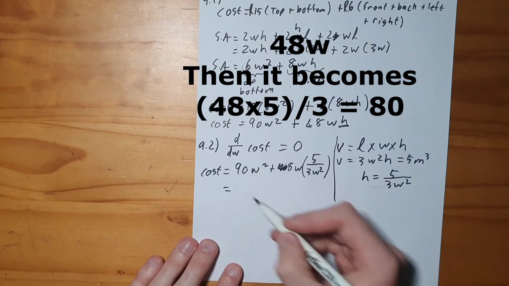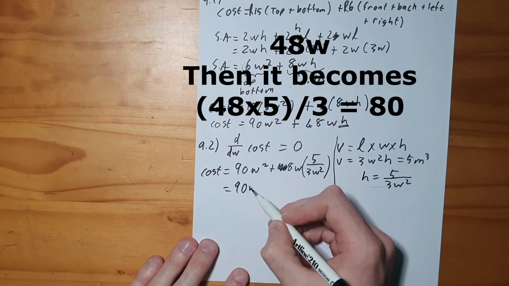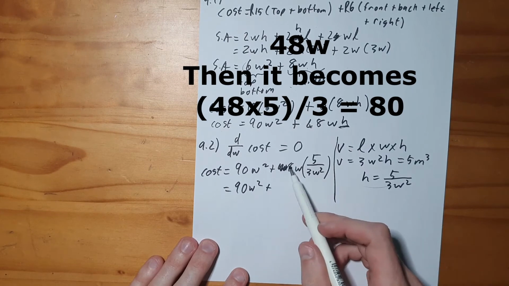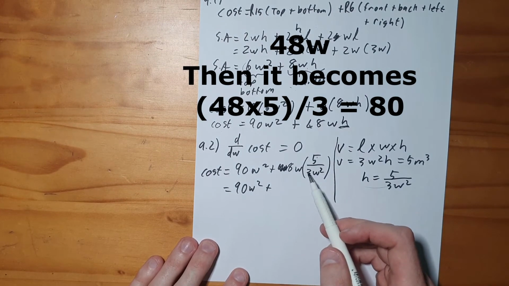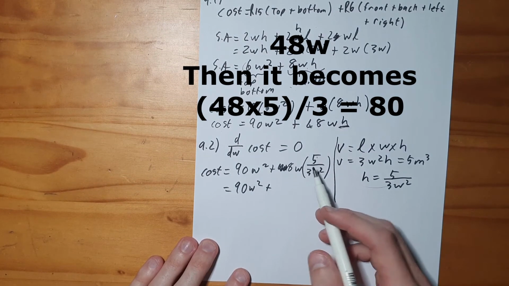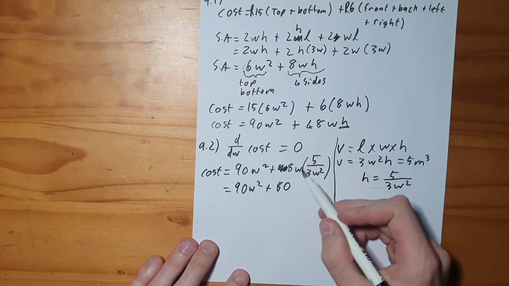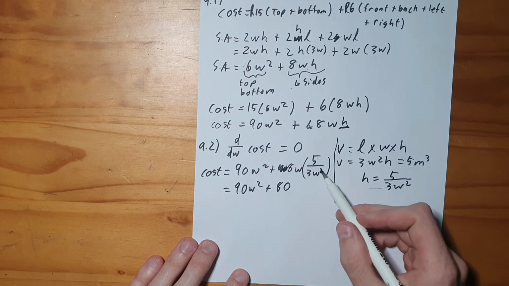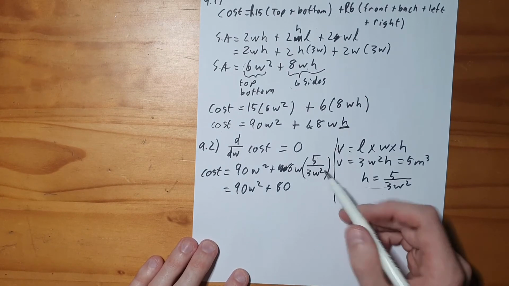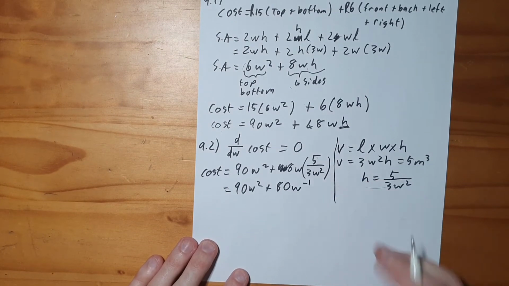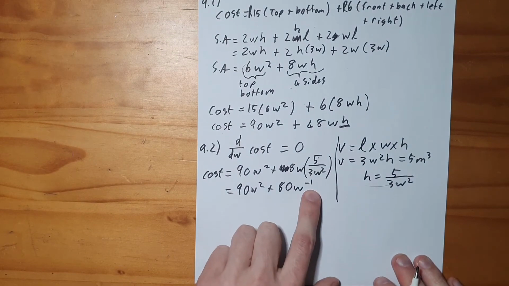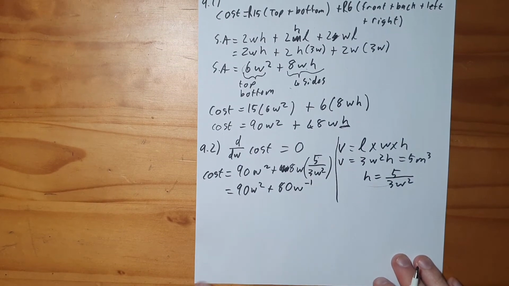Okay, so therefore we're going to have 90w squared plus 5 times 48 divided by 3, which is going to give you a total of 80. Now remember, here's w to the power of 1, w to the power of 2. So 1 minus 2 is going to give you w to the negative 1. So keep it as w to the negative 1. It's going to make it easier to take our derivative.